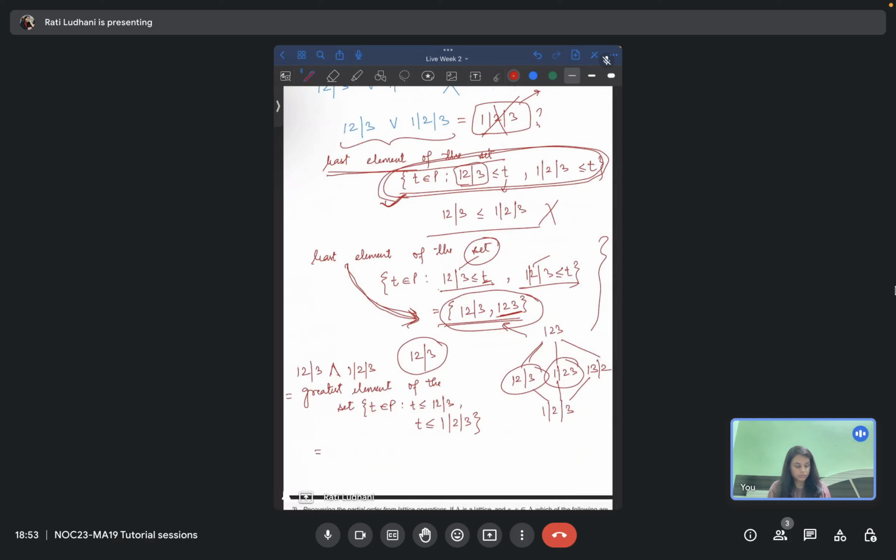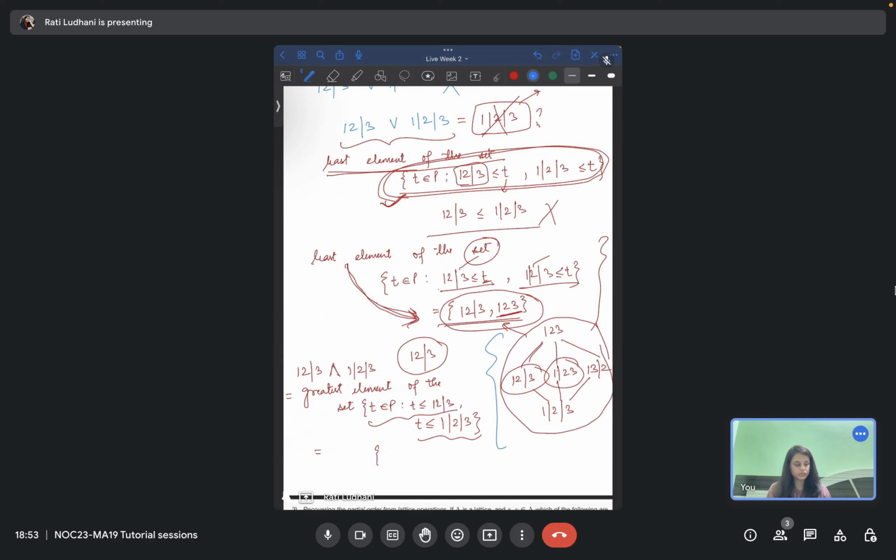So can you tell me what this set will be? Can you tell me which T's will come in this set, if you have the full partition set?